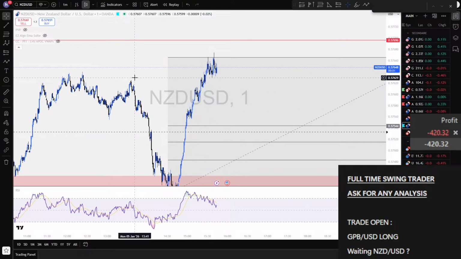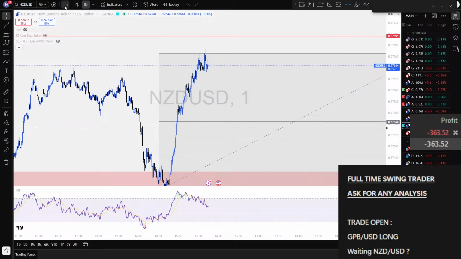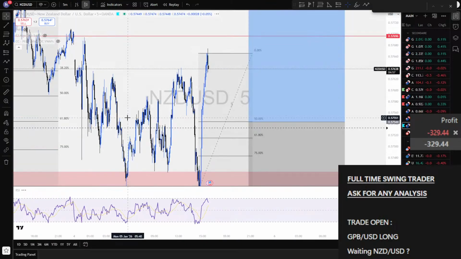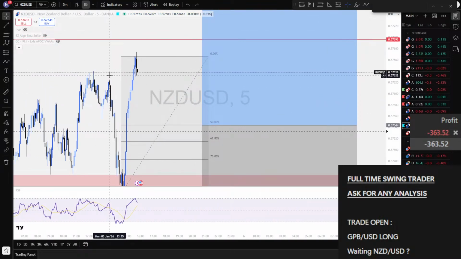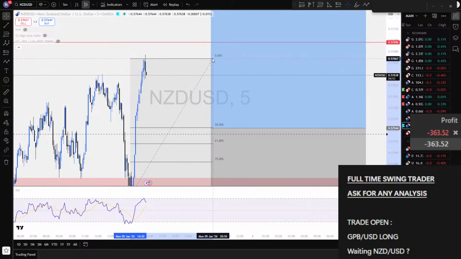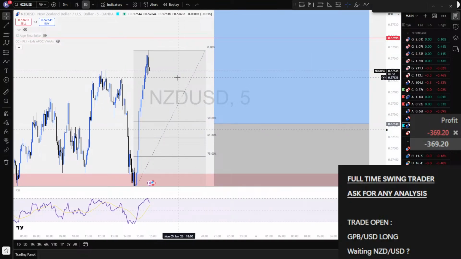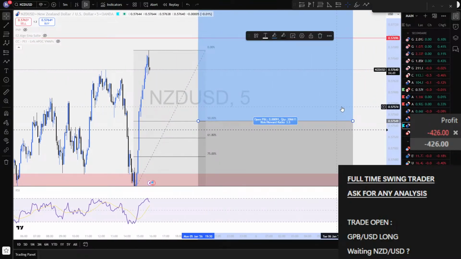I'm gonna stay on this graph NZD/USD, waiting for the news in 15 minutes. And we'll see what he's gonna do. So basically I'm like that.